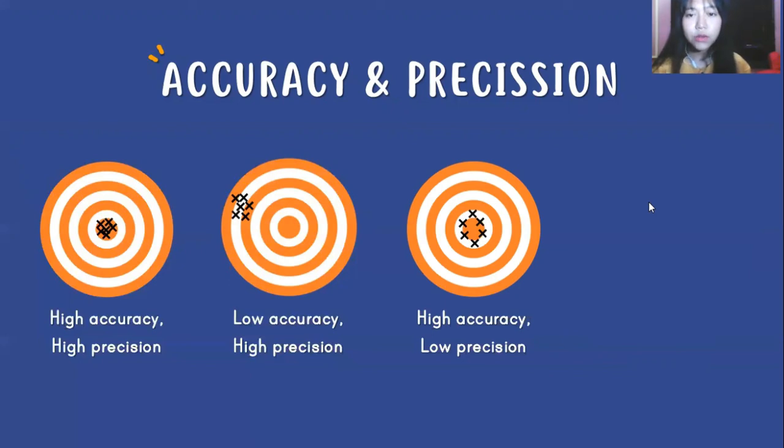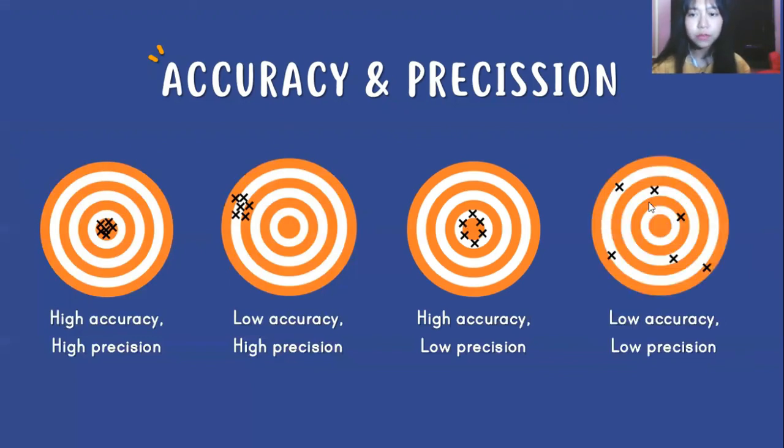So it is close to the target and indicates a high accuracy, but the arrows are not really close to each other, so it's called a low precision. And the last one, this is the chaos one. It shows a low accuracy and low precision, where the arrows are not close to each other, yet not close with the target. So that is one of the things that you need to consider in doing a measurement.